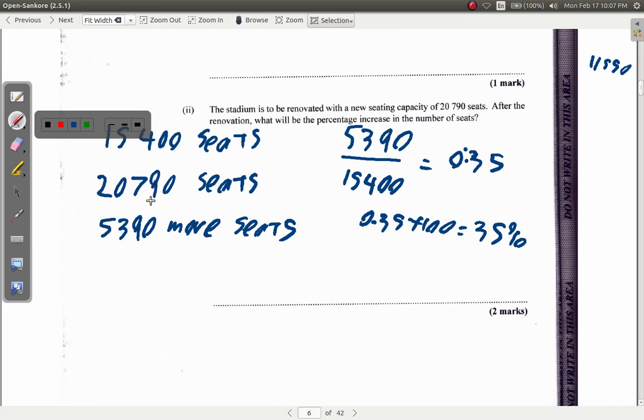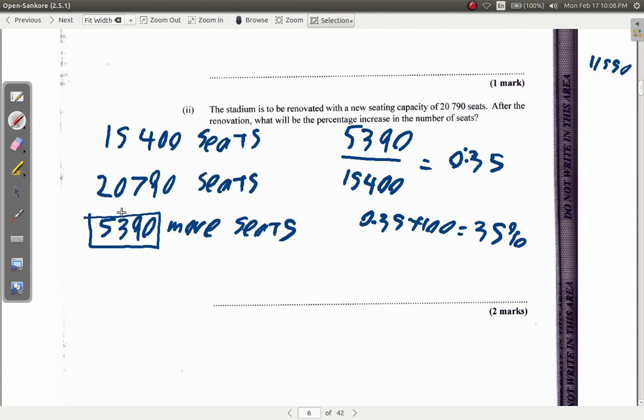Another thing I want to mention, some persons might be a bit confused as to what to do with the difference when they subtracted the 15,400 from the 20,790. Should they put the 5,390 over the 15,400 or the 20,790? You should really put it over the first figure that you had before the increase.